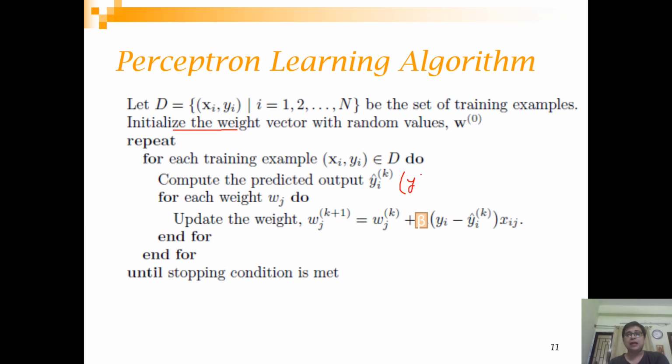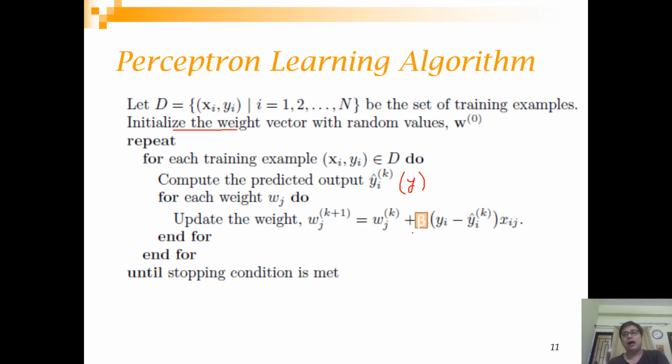We use k because you will do it in multiple iterations, so you want to differentiate between yik minus 1 and yik. For each weight wj, update the weight. In our case there were only two weights, w1 and w2. If you have more such weights, that many times this loop will run.